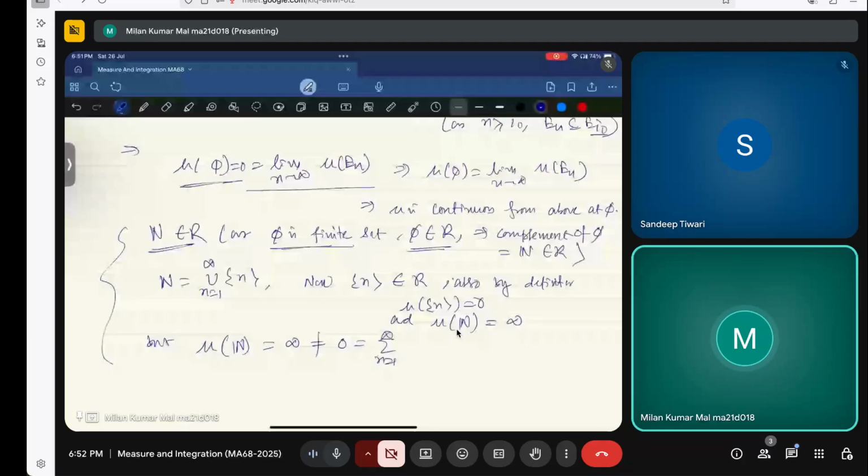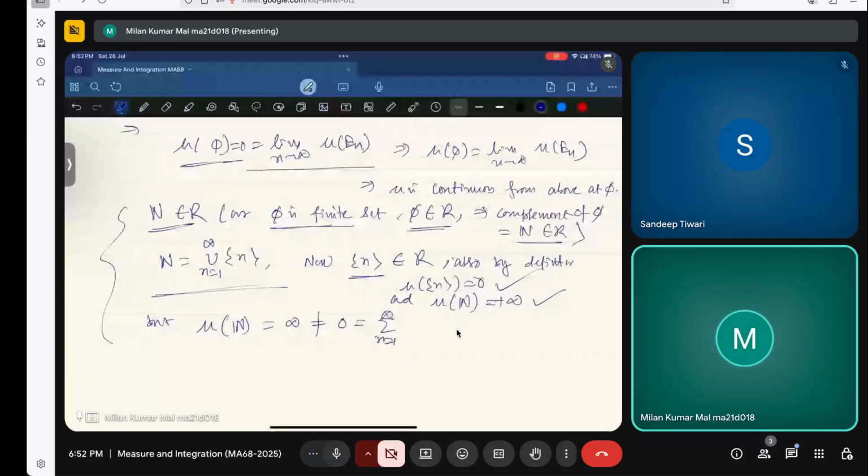Okay, I think this is clear, right? This is very easy, there is no problem. So that's why mu is not a measure, because if it is a measure, it has to be countably subadditive. At least for a disjoint collection, it has to be countably additive. But this is not the case, right?